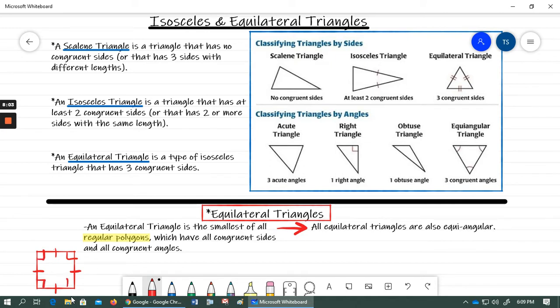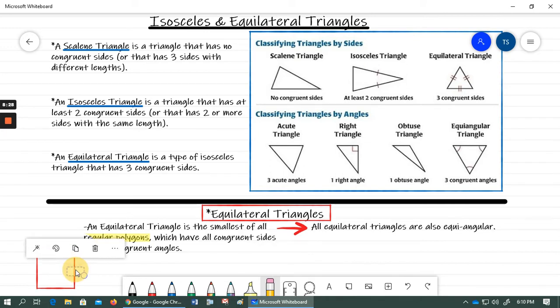So a square would be considered your regular four-sided polygon or a regular quadrilateral, the same way that an equilateral triangle would be considered a regular three-sided polygon, which we know is a triangle. Okay, all right, I'm going to erase this square here, but again, that's what the word regular means, if there was anyone who was wondering that.